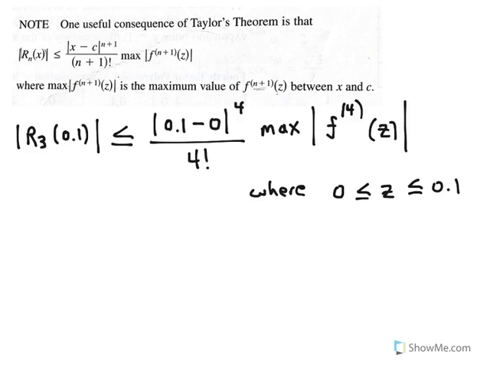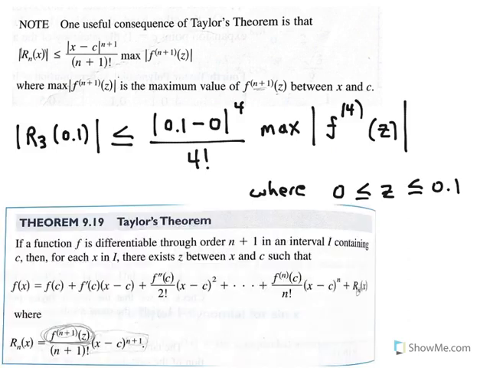So as we've seen earlier in the lesson, we have Taylor's theorem, which gives us the Lagrange form of the remainder. And when we put absolute value on the remainder, we say we have the error.